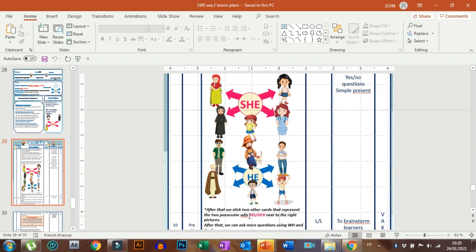Since they say he is, here they are going to use to be. For example, they say he has a pet. For example, this uncle has got a pet dog. They are going to use to have in the simple present. Noor works in hospital. They are going to use simple present. So we're going to have an interaction in order to gather as much information as we can, and at the same time we are revising all the information that has been taught.